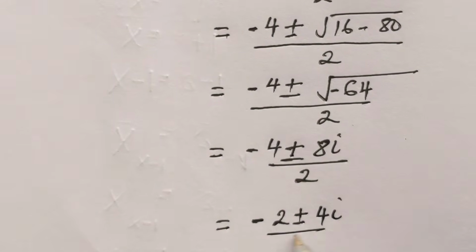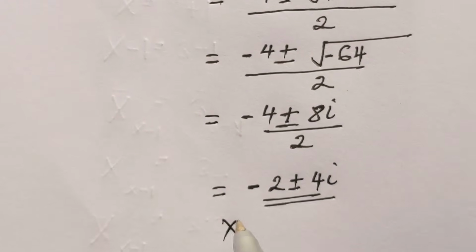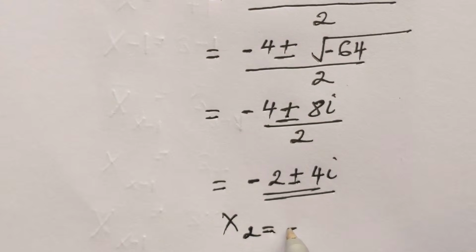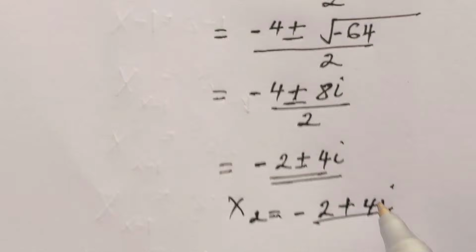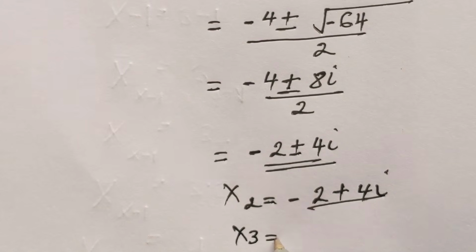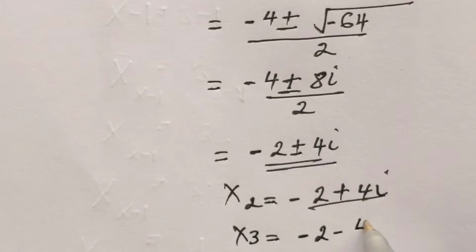So that x2 equals to negative 2 plus 4i, and x3 will be negative 2 minus 4i.